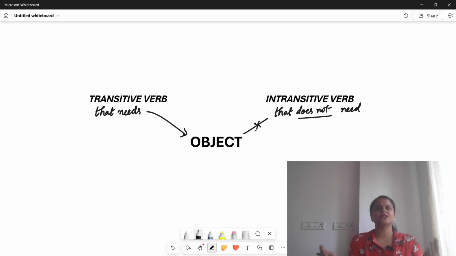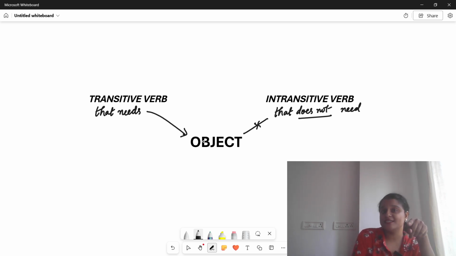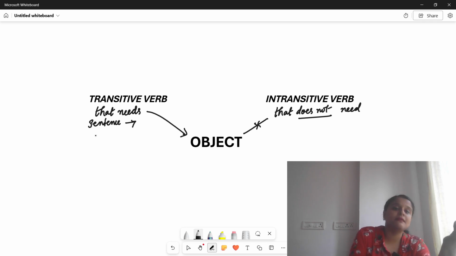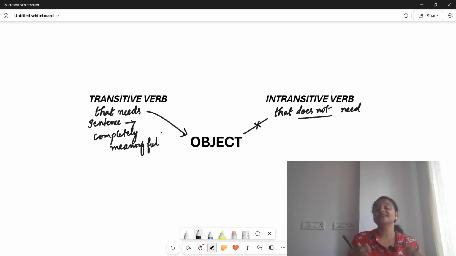Now the question is, why does a transitive verb need an object in a sentence and why does an intransitive verb not need an object in a sentence? Well, a transitive verb needs an object to make a sentence more sensible or completely meaningful. So, a transitive verb needs an object to make the sentence completely meaningful.